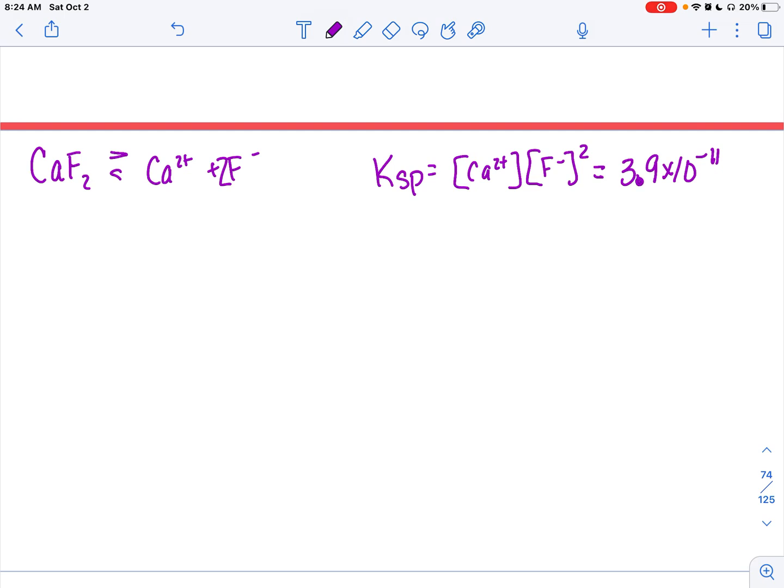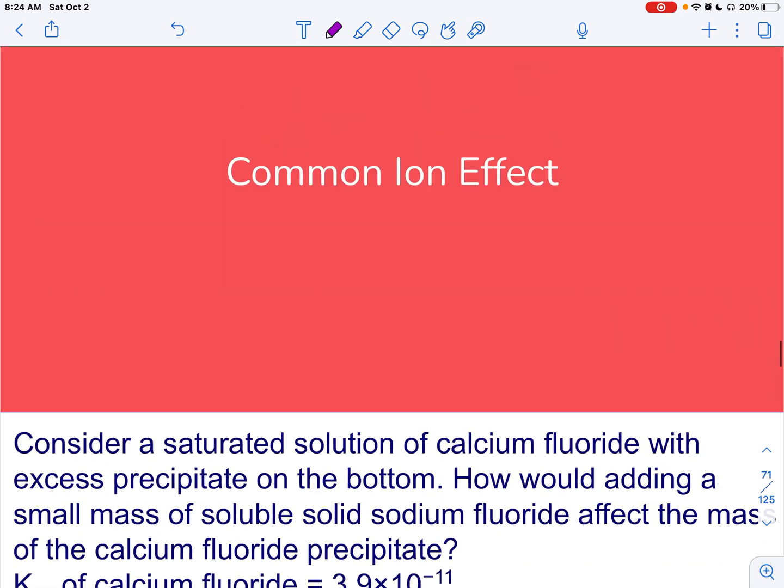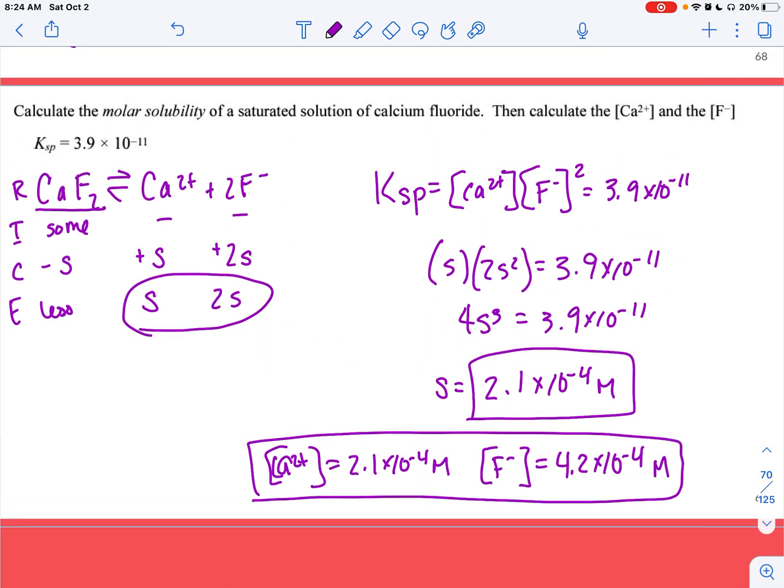this. Now this might look extremely familiar because we did it at the very end of the last video. Okay, but this is going to be a little different. So I'm going to show you what we got at the last video for our concentration of fluoride and our concentration of calcium. Okay, we solved it. You can go back and look at it, but what we did was this.